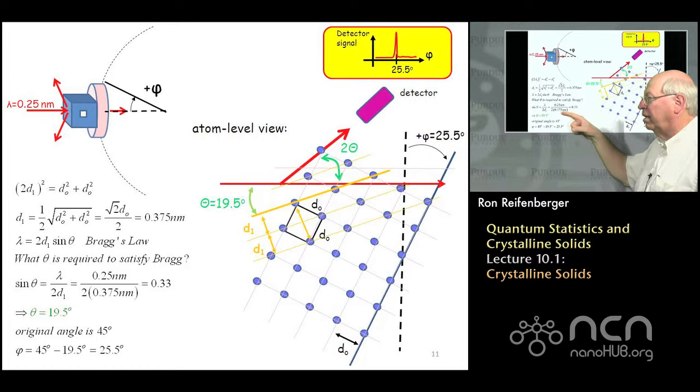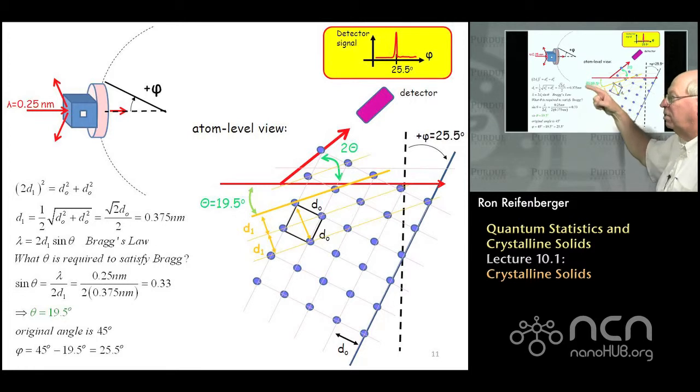In this case, I worked through the arithmetic here. The Bragg angle is going to have to be about 19.5 degrees in order for you to get a diffracted beam in the detector, which you can measure. And that just means that you're going to have to rotate the crystal backwards by an angle of about 25.5 degrees until Bragg's law is satisfied.